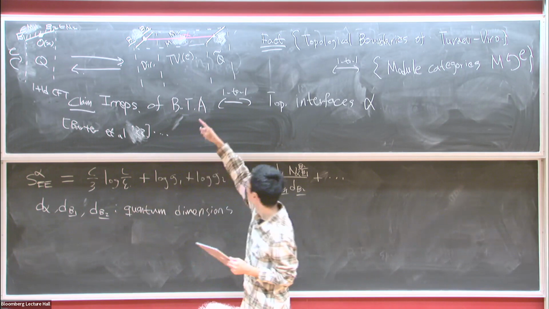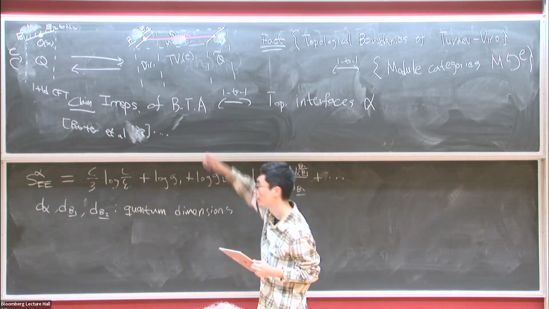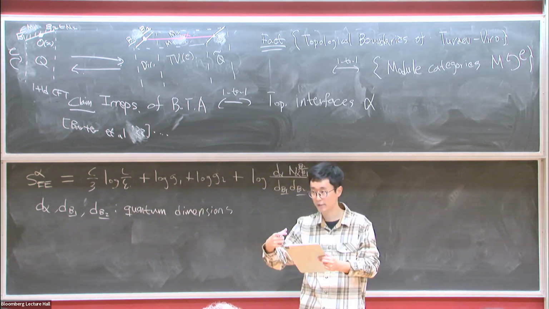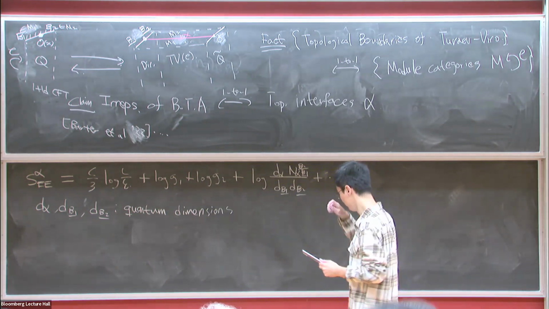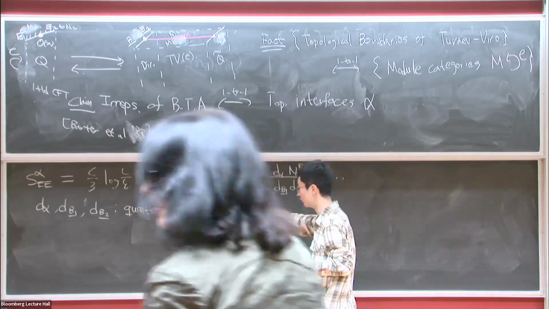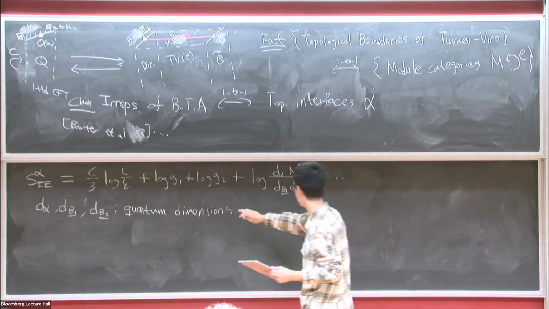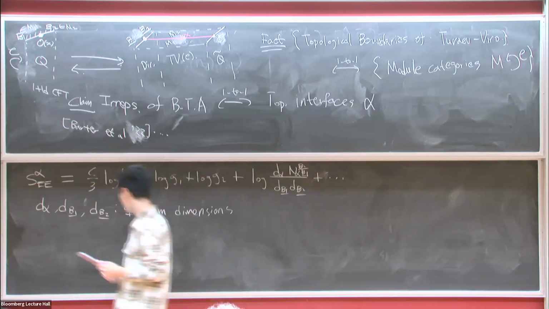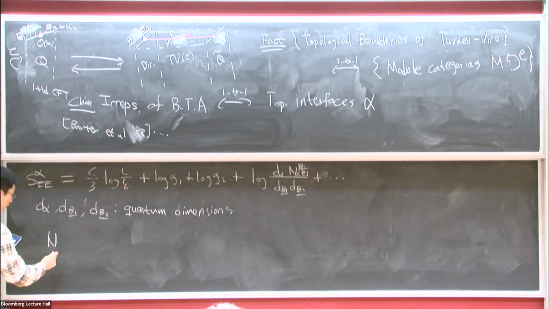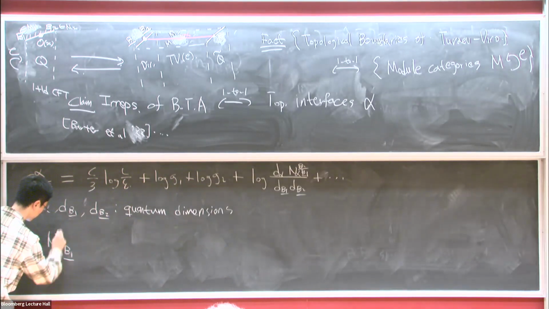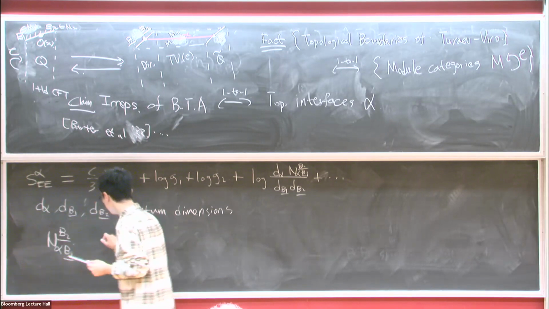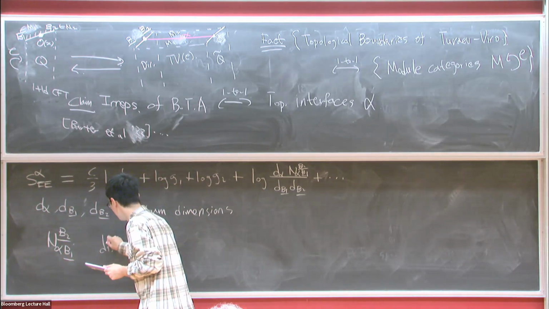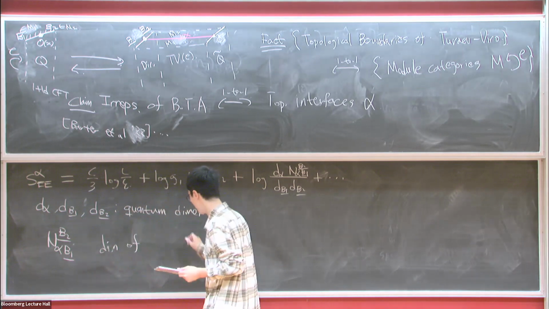The other two are also topological interfaces. The quantum dimension of a topological interface is defined by the expectation value of a closed loop, something we can compute in principle. I know it in many examples. And also this number is an integer. This is the dimension of the TQFT Hilbert space.